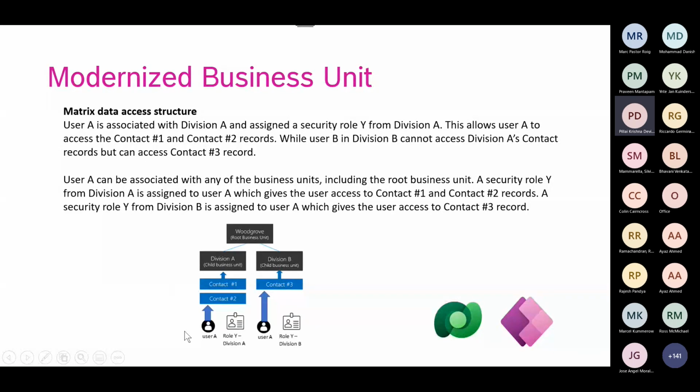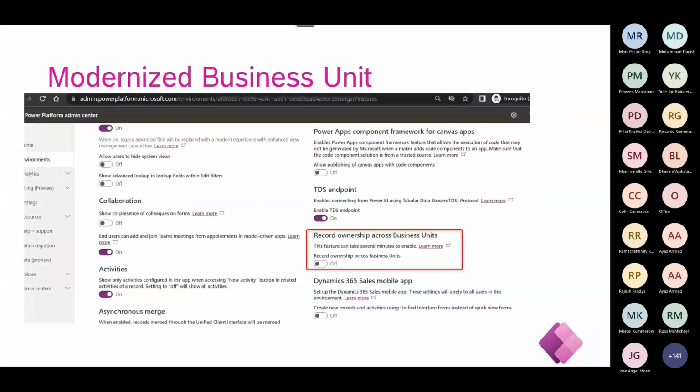No. But if user A belongs to the parent level, does he have access to all the child records? Definitely yes, because the access levels flow from top to bottom. Now, is there a possibility that I get assigned the security roles of division B? Yes, with the new matrix data structure, it is possible that I get my roles allocated from division B as well. Okay, so how do I enable the settings?